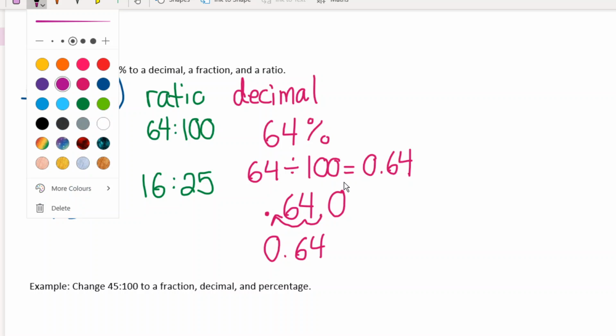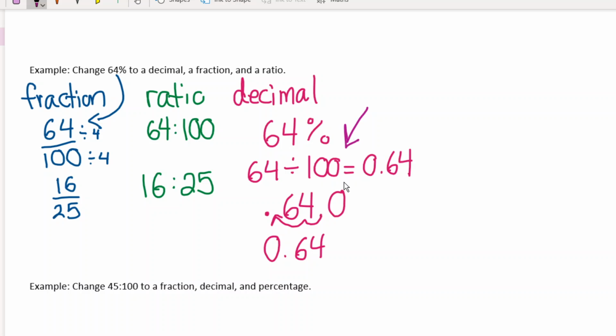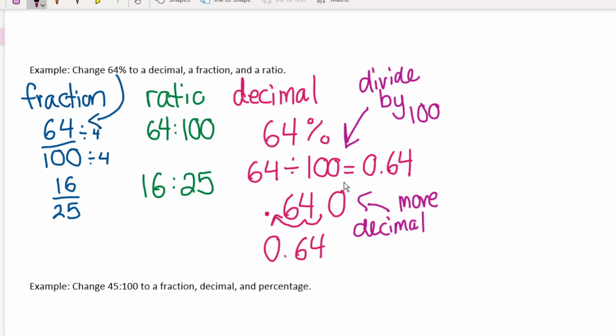And I'm just going to write them down so that we remember. So you can divide by 100 in a calculator, however you like. Or we can move the decimal to the left. Easy peasy.